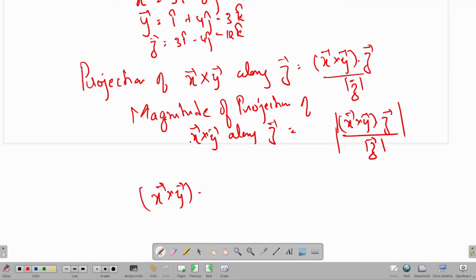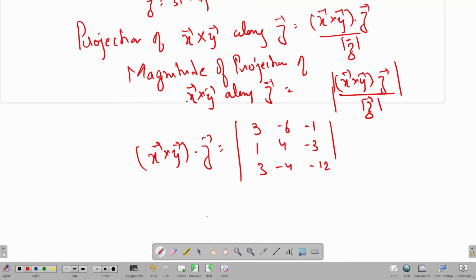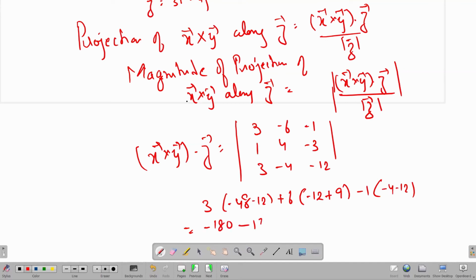So I'm just finding the scalar triple product, that is 3 minus 6 minus 1, 1, 4 minus 3, 3 minus 4 minus 12. And on solving this determinant, I get 3 minus 48 minus of 12 minus minus plus 6 minus 12 plus 9 minus 1. This is minus 4 minus 12. This is 3 minus 60, that is minus 180 minus 18 plus 16. So this comes out to be minus of 182.